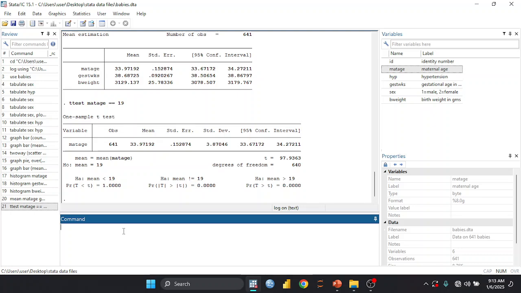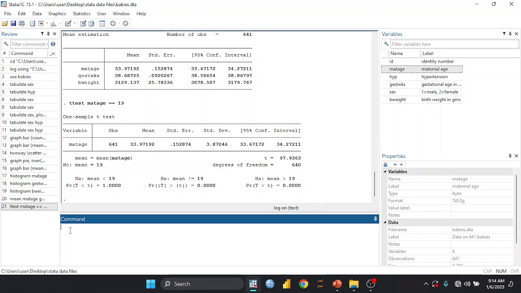So you want to check if there's a significant difference between the two. Now, because we don't have such data here in our baby data, we are just going to use the maternal age and gestational weeks to see if there's a difference between them. The reason I'm using the two is that the average maternal age is 33, while the average gestational weeks is 38. They are a little bit close, but they are not the same concept.